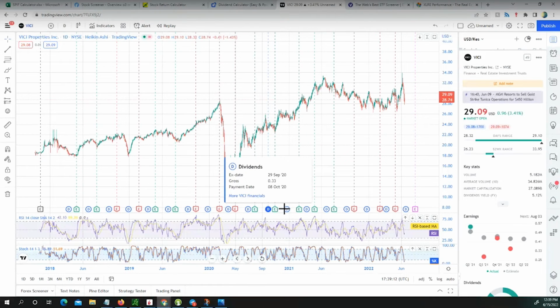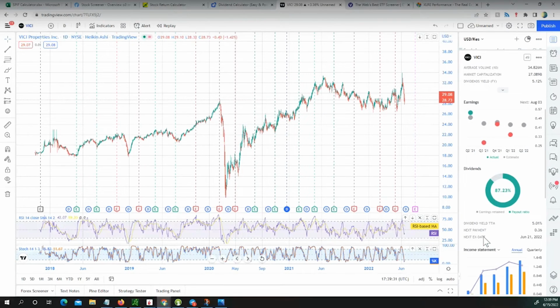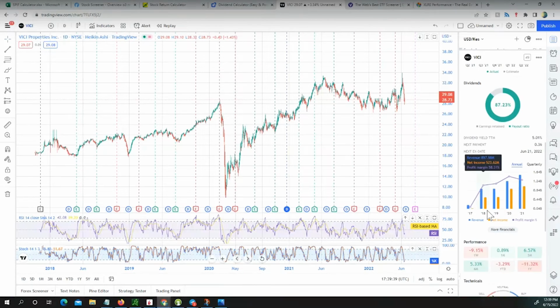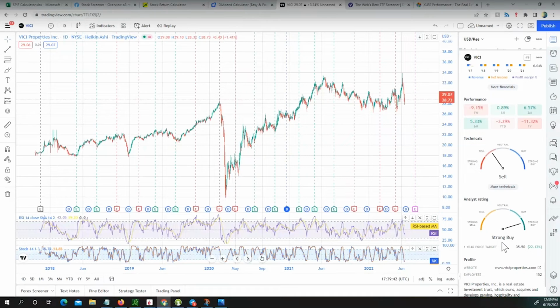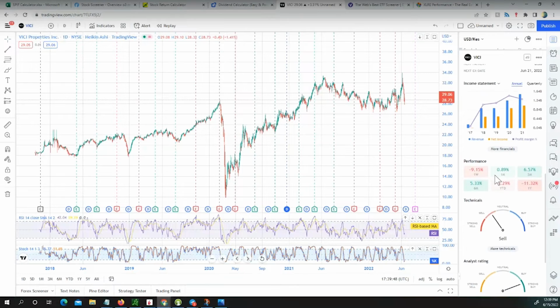Now, from knowing what this REIT is all about in terms of the technicals, you can also look at their finances, and you can see they pay out 87% of their profits in dividends to their shareholders. You can see other metrics here and there, analyst ratings and the like. So this seems to be a good REIT to invest in.